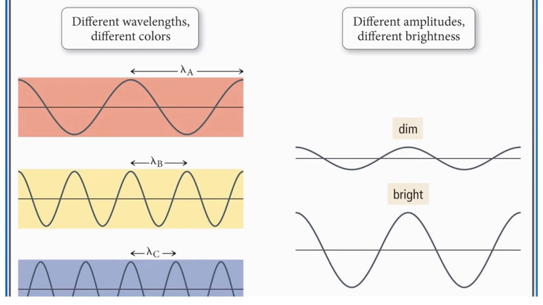That is, the distance between two successive crests results in emitting light of different colors. Whereas if we vary the amplitude, that is the maximum displacement from the mean position, it will lead to different brightness of the light. If amplitude is low, the light will be dim. If amplitude is high, then the light will be bright.